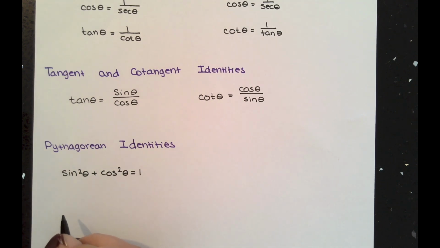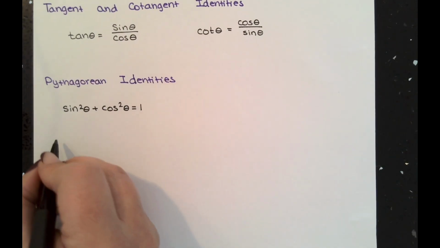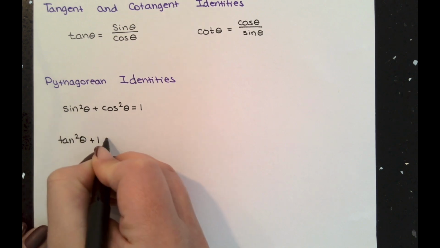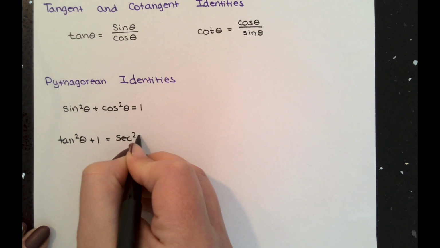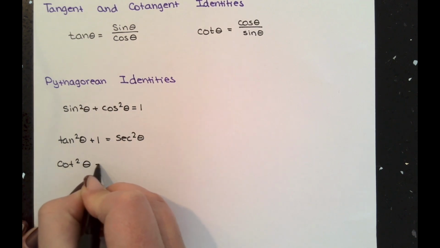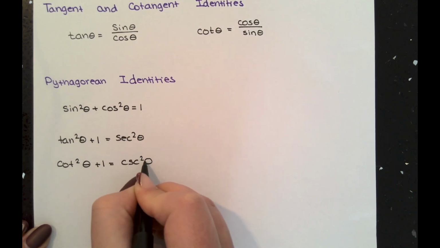Next we have, let me shift this paper up. Oops, sorry about that. Next we have tangent squared of theta plus 1 is equal to secant squared of theta, and cotangent squared of theta plus 1 is equal to cosecant squared of theta.